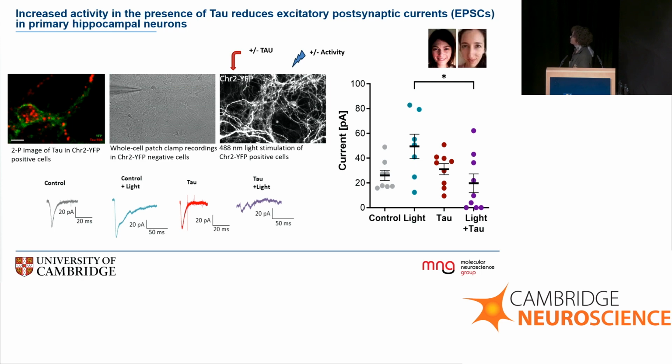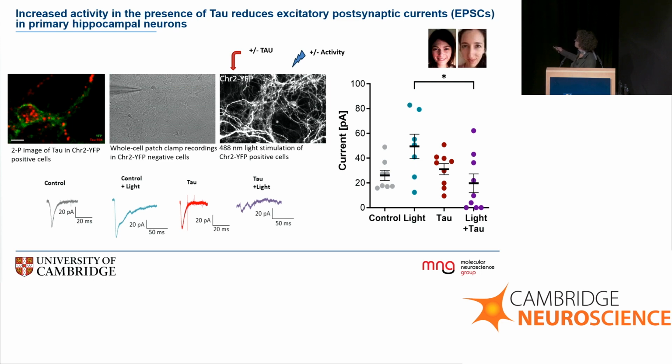And what you can see here is quite interesting, because as I said, this is only 1 micromolar tau in hippocampal neurons, and we didn't expect it to have really much of an effect. And we were really surprised to see that tau itself has hardly an effect. Obviously, the current is increasing upon stimulation, but the spontaneous activity is not affected in comparison to the control.